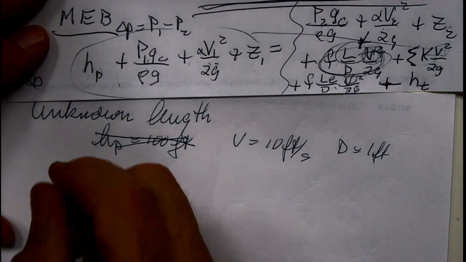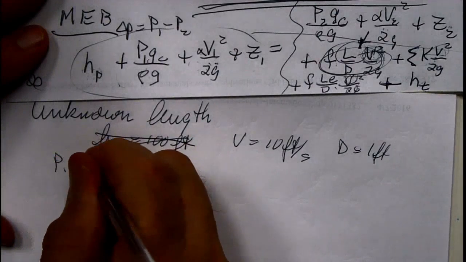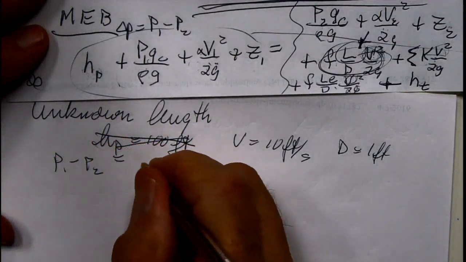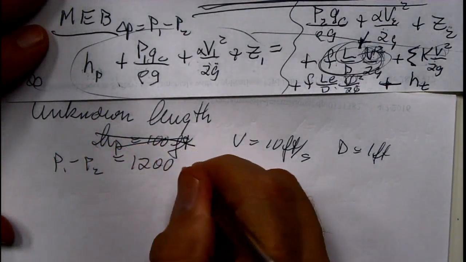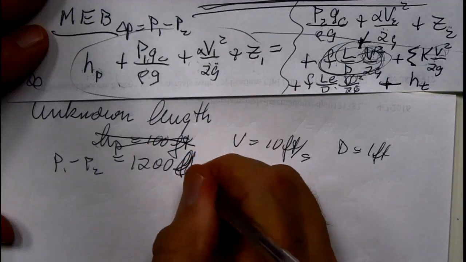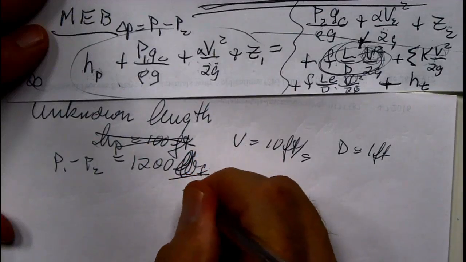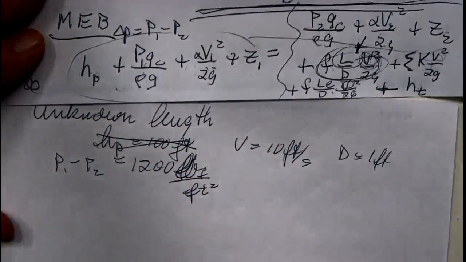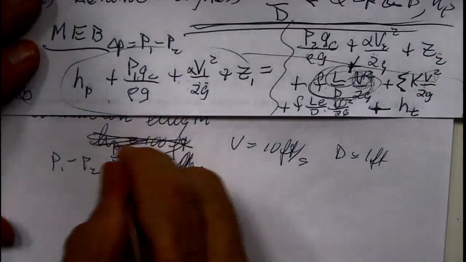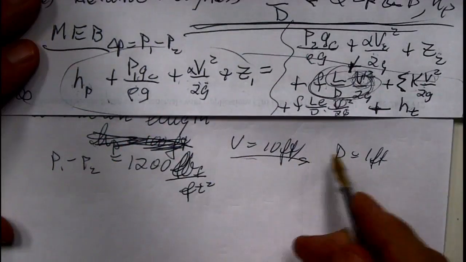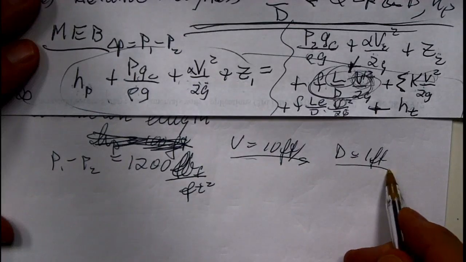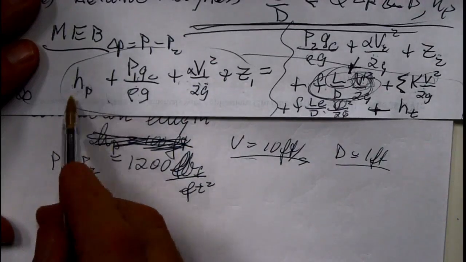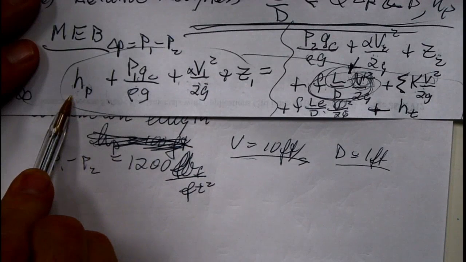with no pump, our pressure drop P1 minus P2 was 1,200 pounds force per foot squared. Okay, so we're going to work it without the pump. 10 foot a second, diameter is that. Now I go to the mechanical energy balance, so that term goes because there's no pump.